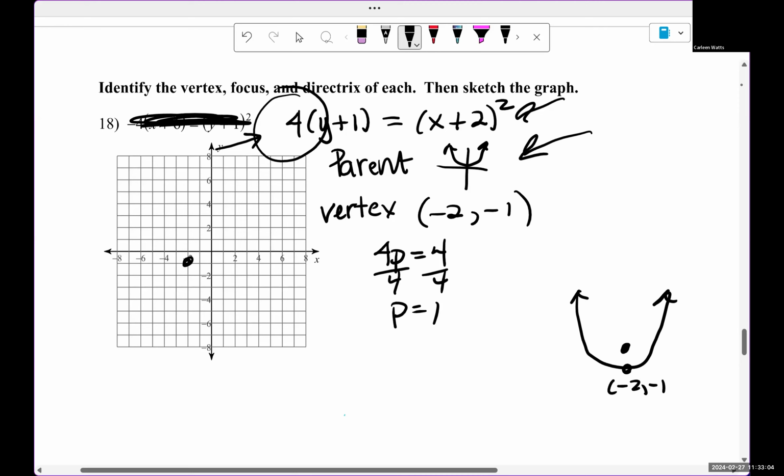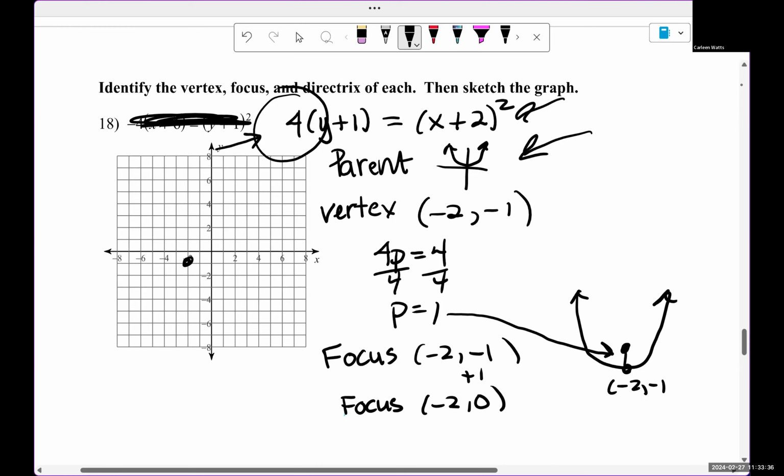What's changing if it's above the y? Okay, and we see that P is 1. So I'm going to add 1 to the y value of the vertex. Okay, so the focus, I'm going to take the vertex and add 1. -2, 0.